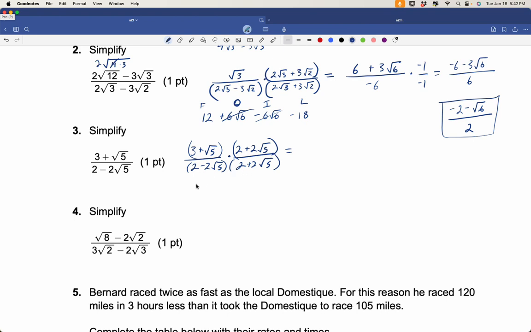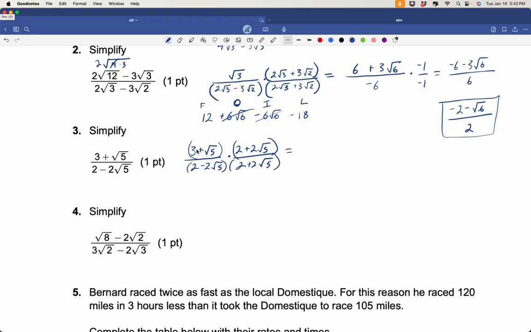I could rewrite it with the stacking method and it would take up space. I'm just doing this in a way to show you the FOIL method and how it always creates these two terms, the O and the I term, the outer and the inner terms, that cancel each other out every single time. That's why I'm doing it this way, is to give you that shortcut. Because, you know, mathematicians are lazy. I don't think I've ever said that before, but I'm just telling you.